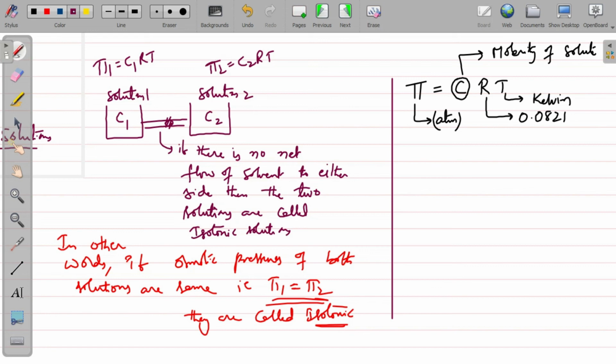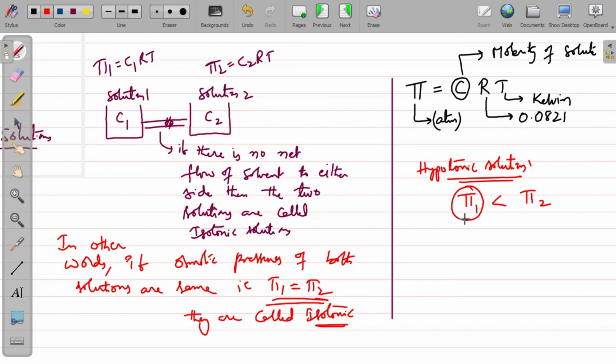Now there are two more cases, just like isotonic solutions: hypotonic and hypertonic solutions. What is hypotonic and hypertonic? Let's see quickly. Hypotonic solution means, suppose the osmotic pressure of a solution is less than the osmotic pressure of the other one, then the solution corresponding to pi 1 is called the hypotonic solution.